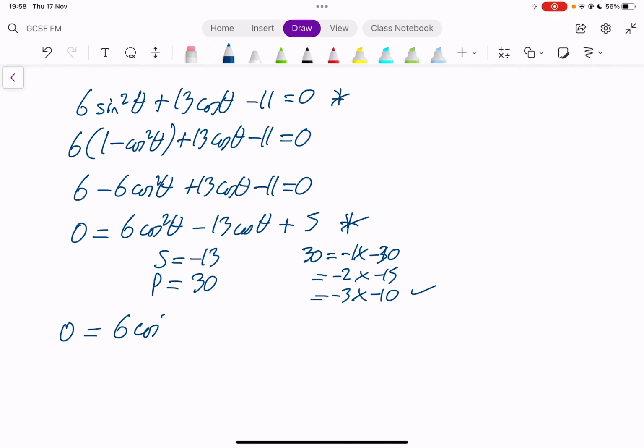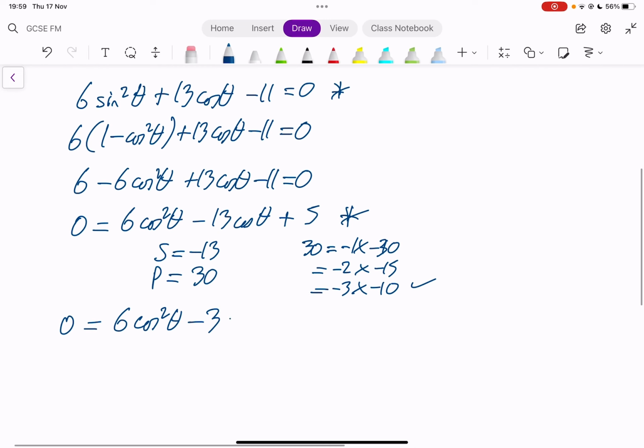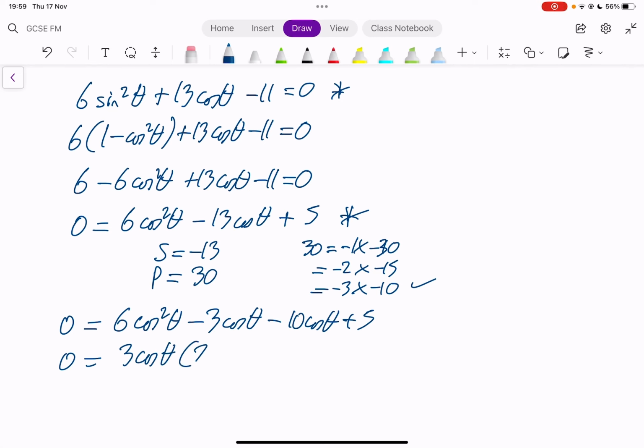We can write it as 6 cos squared theta minus 3 cos theta minus 10 cos theta plus 5, and then we can factorize this by factorizing the first two terms. You can pull 3 cos theta outside, leaving you 2 cos theta minus 1, and over here pull out a minus 5, leaving you 2 cos theta minus 1. Okay, excellent.